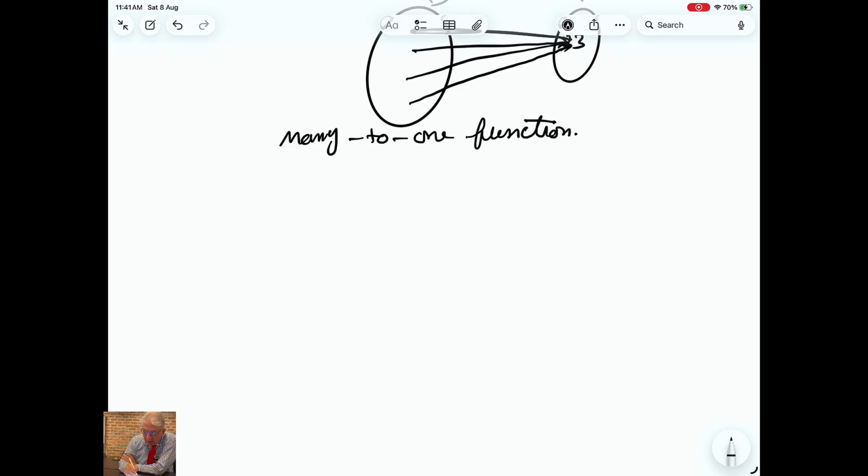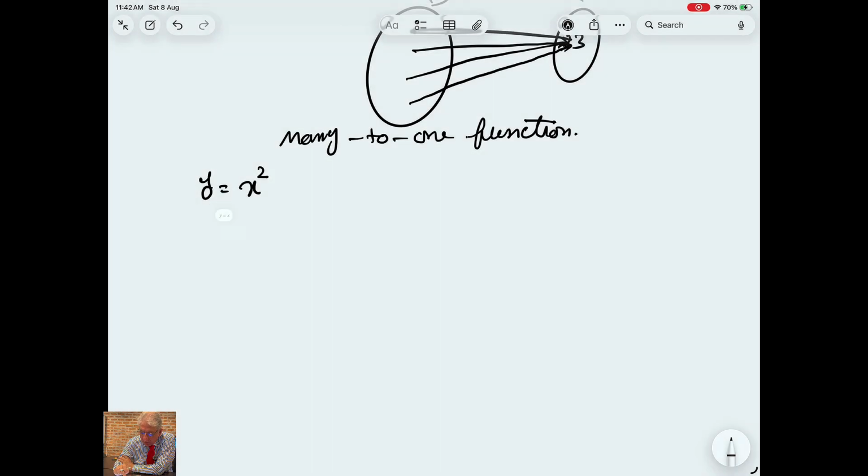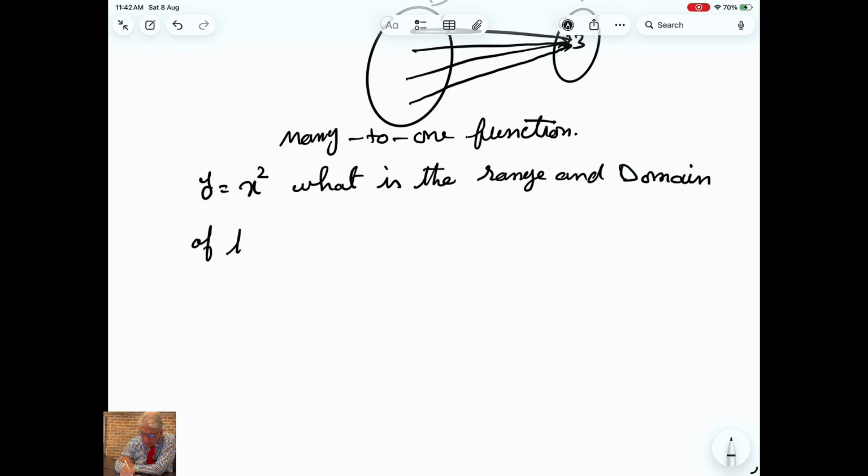Now, let's see. If y is equal to x squared, therefore your f of x is y equal to x squared. What are the range and domain of the function?